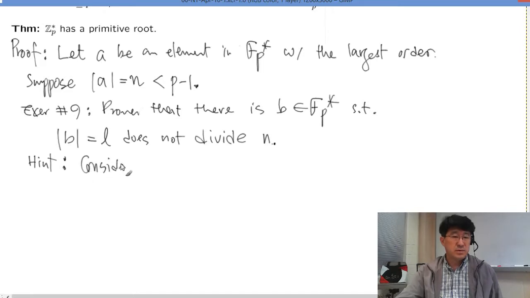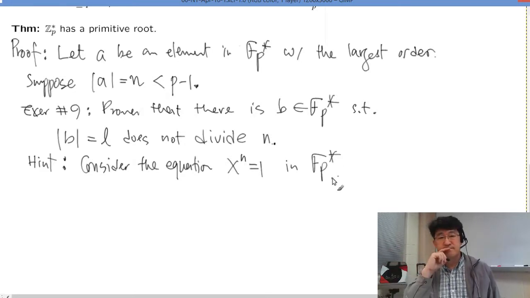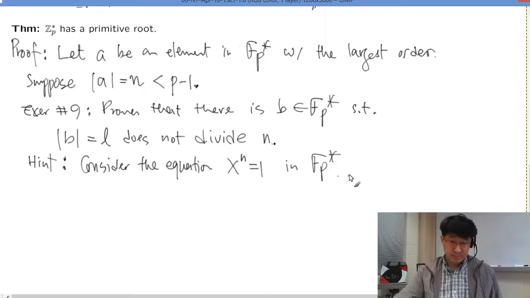Here's a hint, since it's too hard. Consider the equation x to the n equals 1 in F_p star, and count the number of solutions.